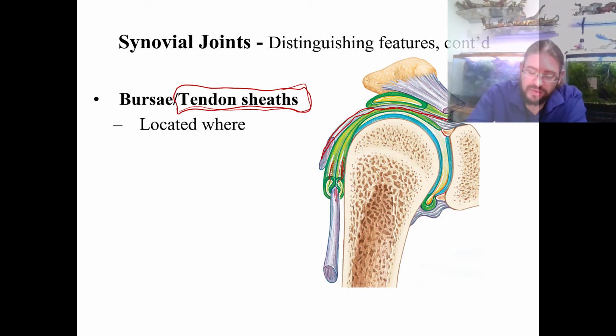And then running through it is, of course, a tendon. So this provides a big reduction in friction. So tendon sheaths reduce friction for when tendons have forces exerted on them and move.